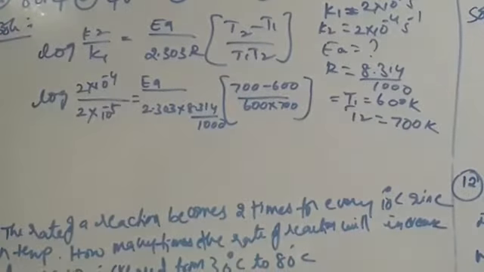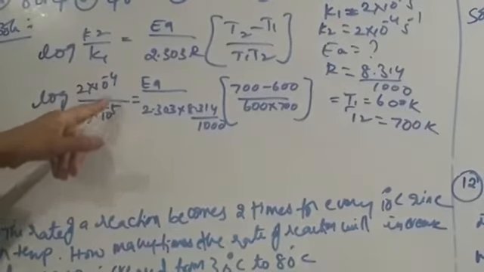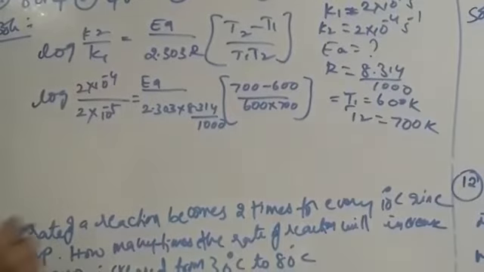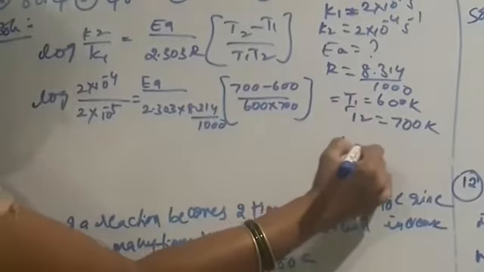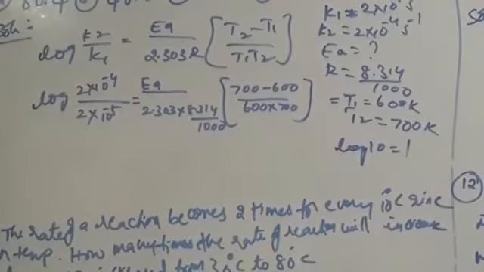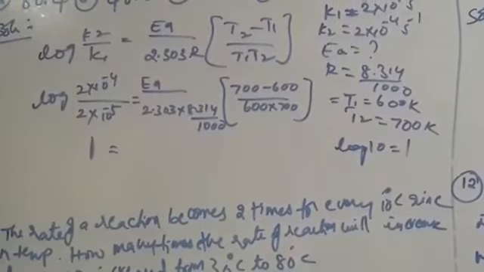Okay. So 2 into 10 to the power of minus 4 by 2 into 10 to the power of minus 5 is equal to 10. So log 10 is equal to 1. So the total left side becomes equal to 1.